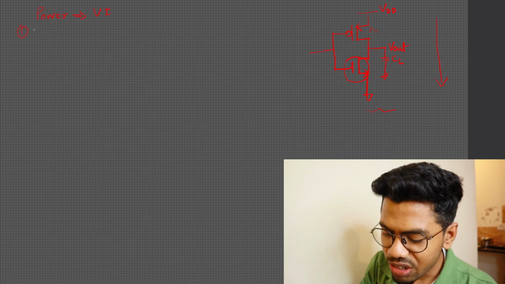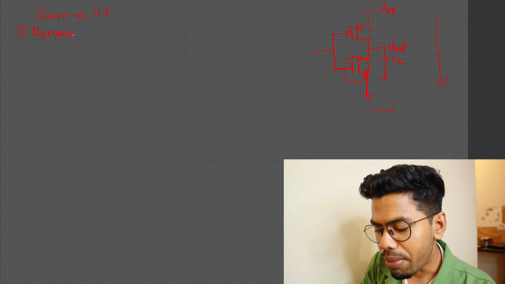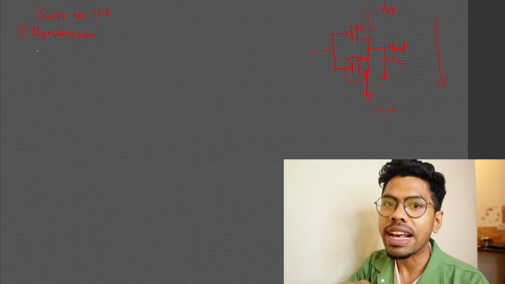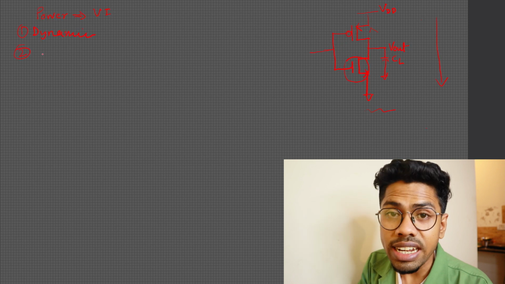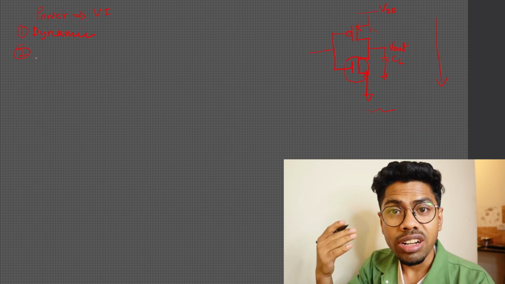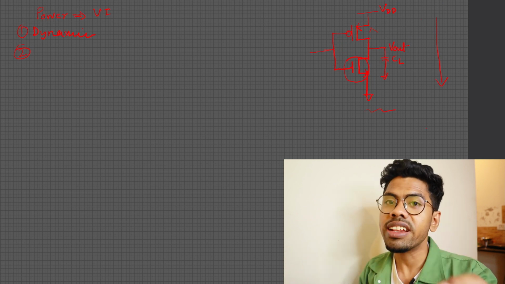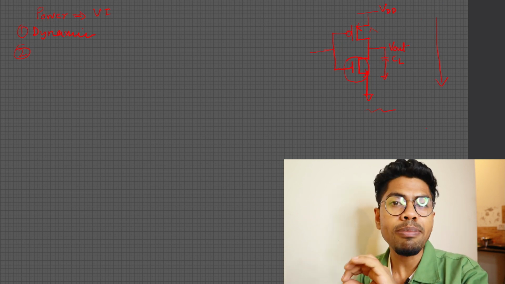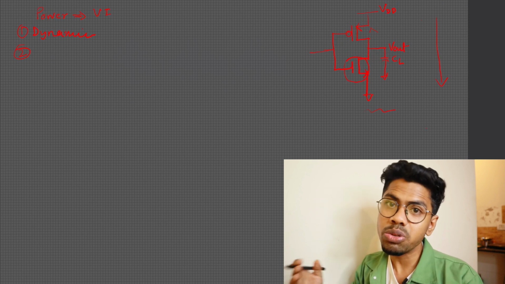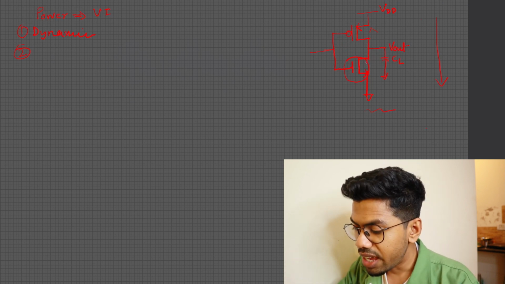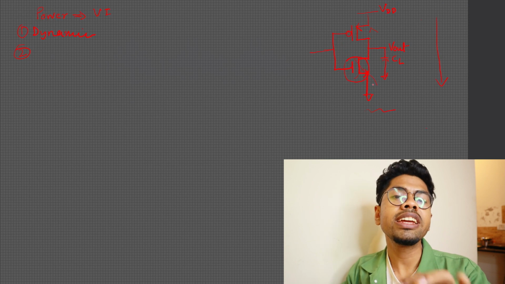The first scenario is dynamic power dissipation. We will explain what that means. Second is during the steady state, when our signal is not changing. At that time you would expect no power dissipation, but due to leakage, we say our NMOS is off, but ideally it won't be fully off.